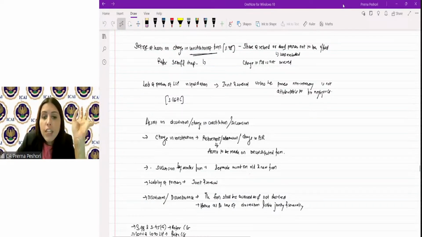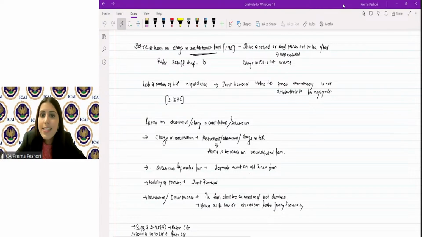Similarly, we have even for the companies, or even in the case of any other business entity, in case of the succession of the business, where the amalgamation is happening or where there is demerger which is happening. So in that particular case, how the assessment will happen?